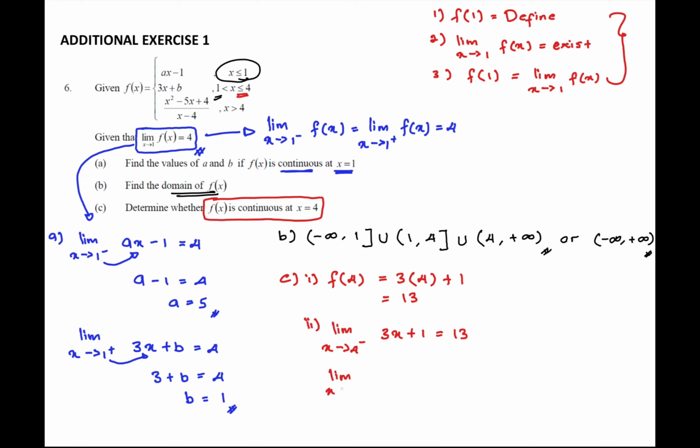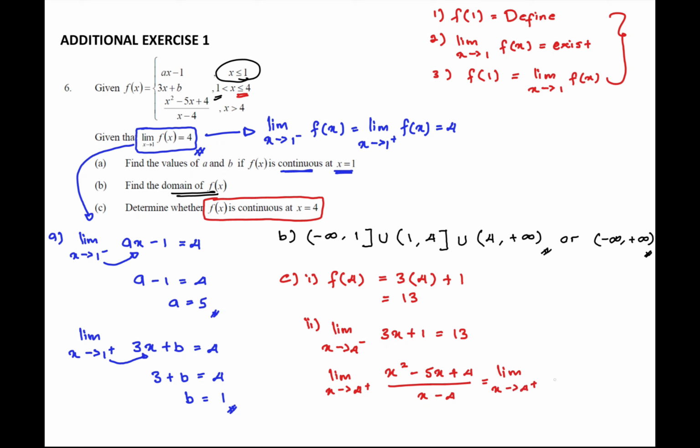The limit as x approaches 4 from the right is (x squared minus 5x plus 4) divided by (x minus 4). If we substitute 4 directly, we get 0 divided by 0, which is not the answer. We must factorize because it involves a polynomial function.